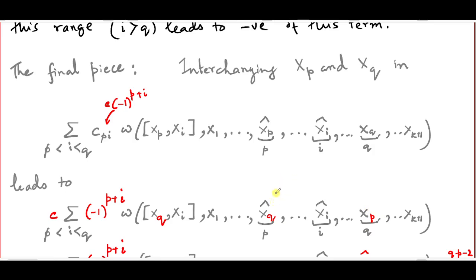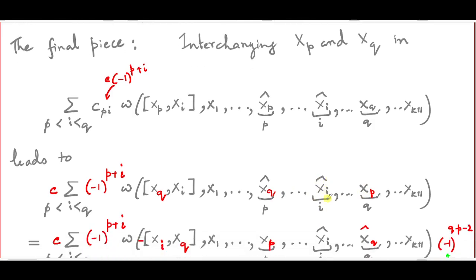But now you have to be a bit more careful. The number of vector fields in between this position and this is no longer Q minus P minus 1 as was the case before. It's actually Q minus P minus 2, simply because the I is sitting in between P and Q, and that's also missing.